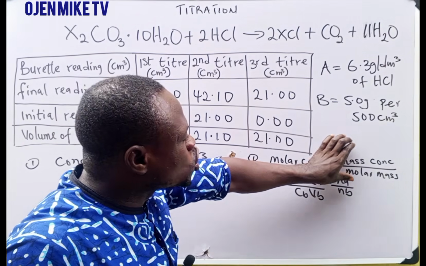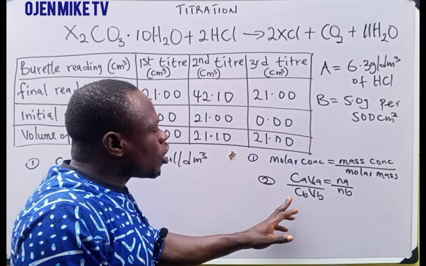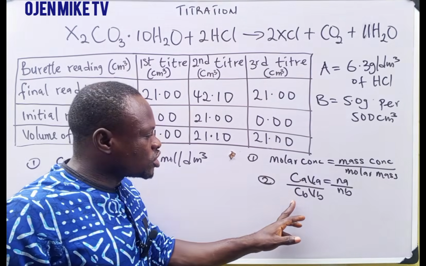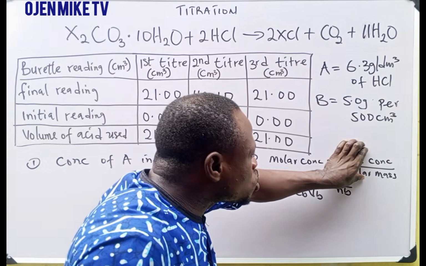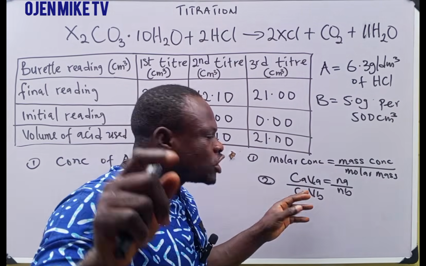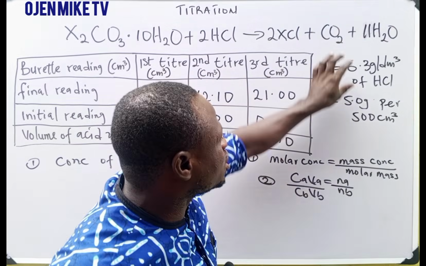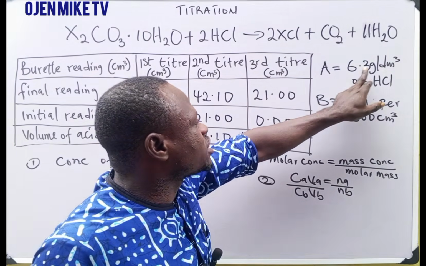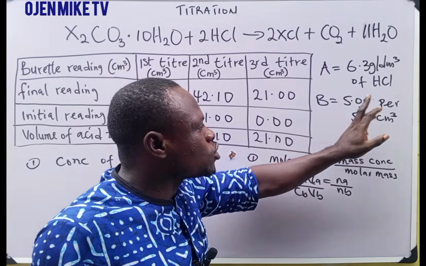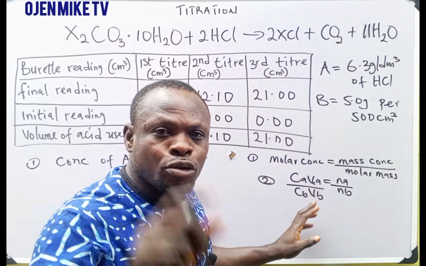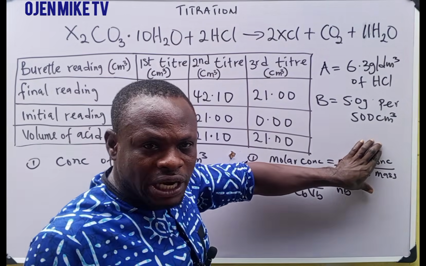Now, remember we have the concentration of acid and the concentration of base. You only use this one if the concentration is not given in moles per dm cube. Like in the case of this question, it is given in grams per dm cube, here it is given in grams. So none of the concentrations is given in moles per dm cube, so you are going to use this formula.